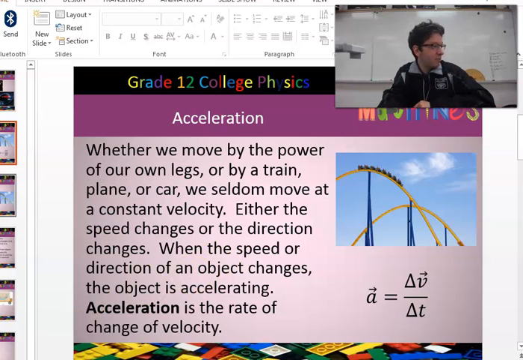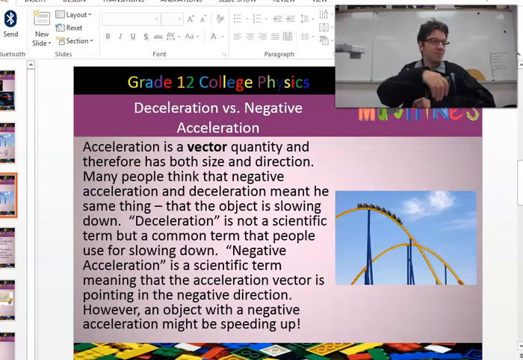But what makes things confusing is the word deceleration. Deceleration is a word we commonly use in English, but it is not a word that we use in physics, and let me explain why.